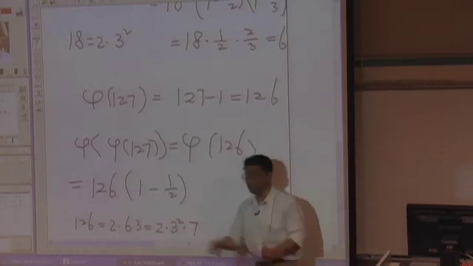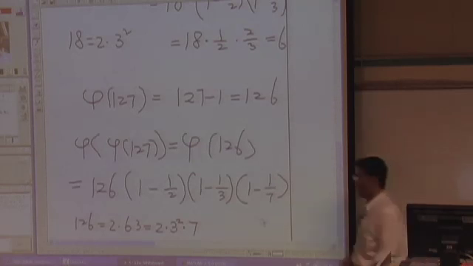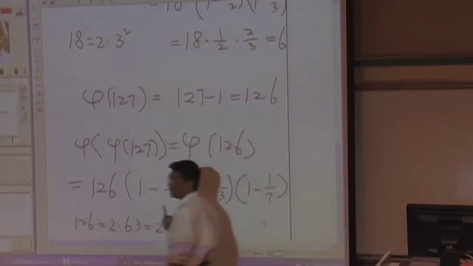So because of this reason, what should be attached here? 1 minus 1 over what? And then 1 minus 1 over what? 7.